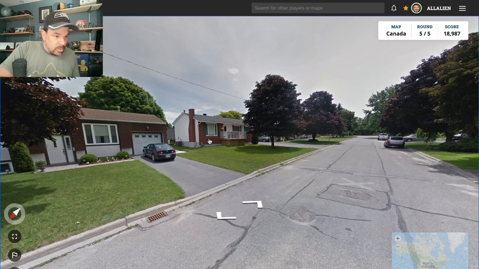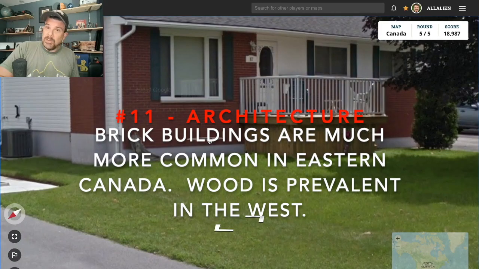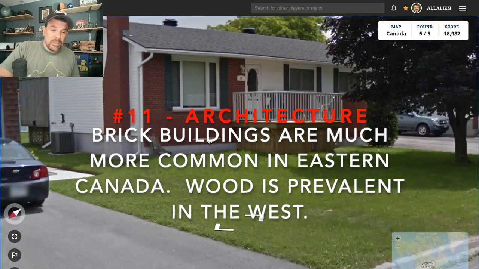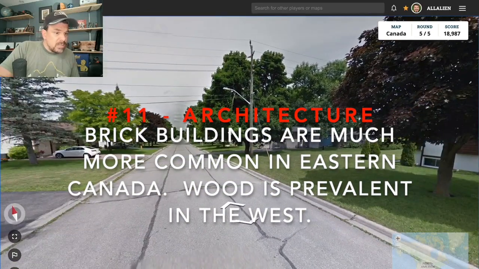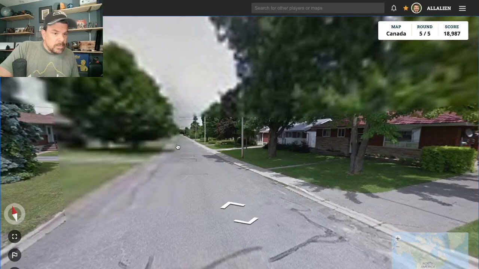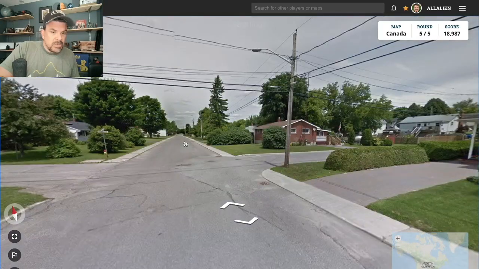Another general rule of thumb, brick homes are more of an eastern thing than a western thing.